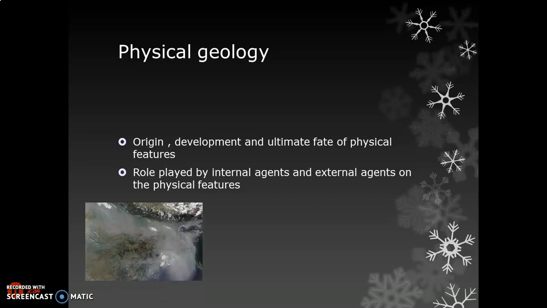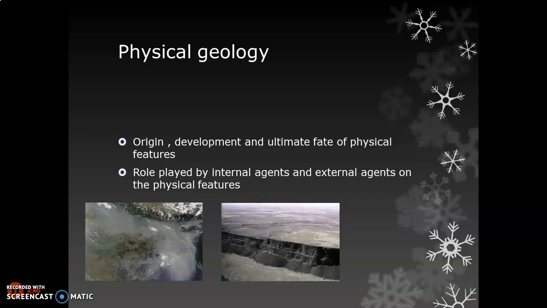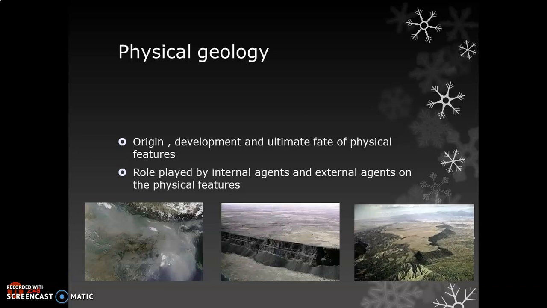So here I will show you some of the physical features. This picture shows the satellite image of a plain, and this one is a plateau. And this picture shows both plains and plateaus. This one is the plain, that is a low-lying area.